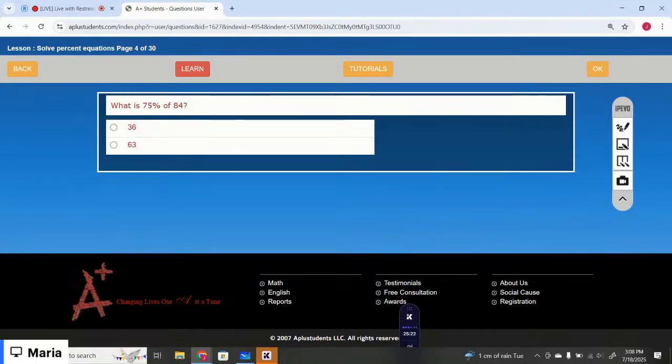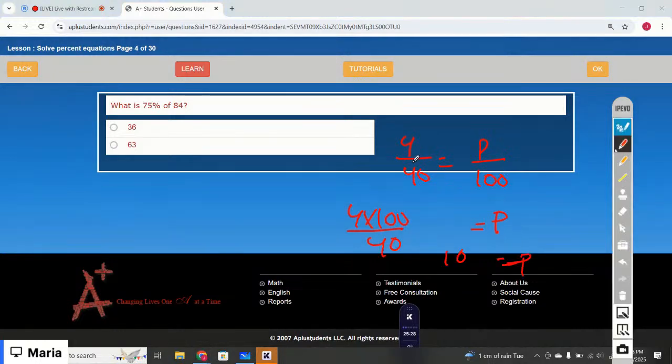What is 75% of 84? We need to calculate 75% of 84. So we need to calculate n divided by 84 equals 75 over 100. So n equals 75 times 84 over 100.